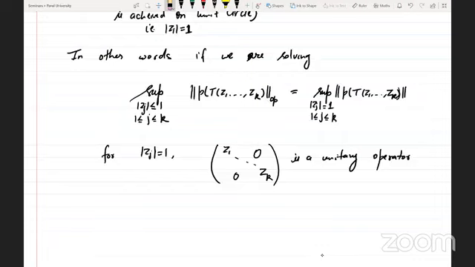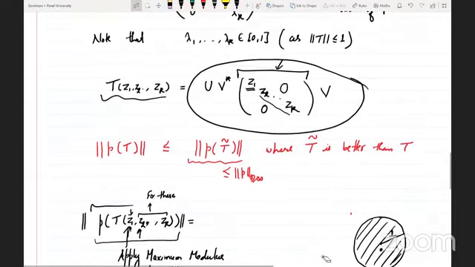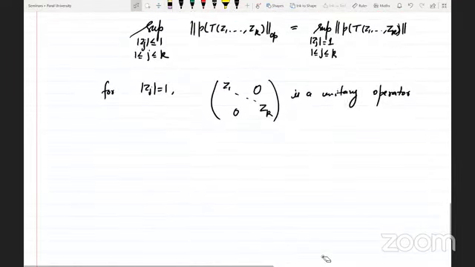Now this is a better matrix, right? Better than the previous one. So since this is a unitary matrix, now let's look at this.